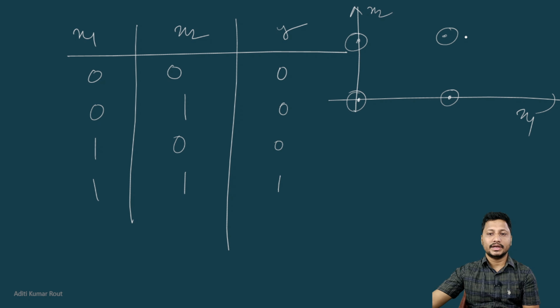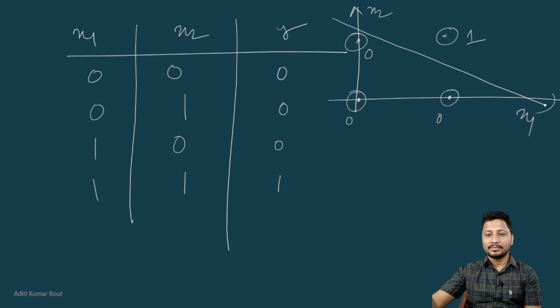For 1 1 the output is 1, and for the others it is 0, and the input plane can easily be separated using a linear boundary. This is the decision boundary. For certain values of w1 and w2, we can achieve this.